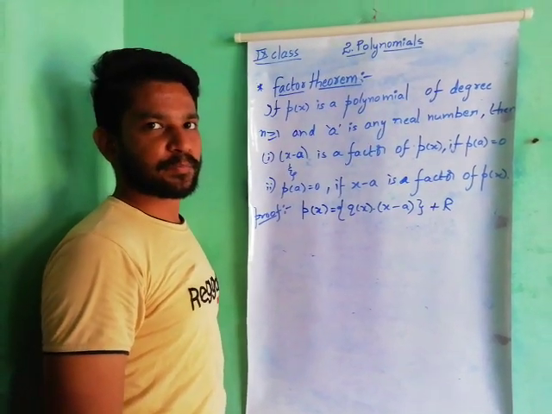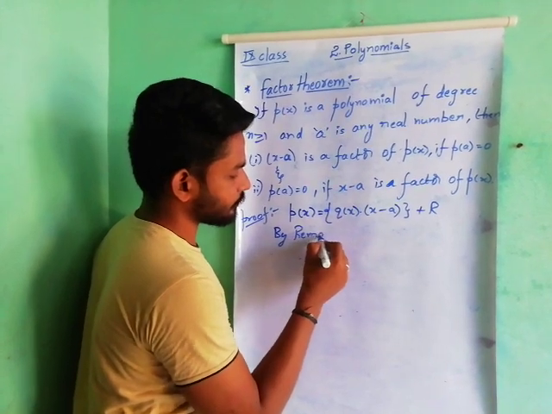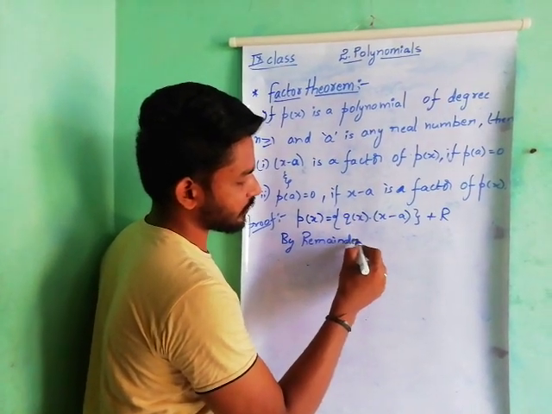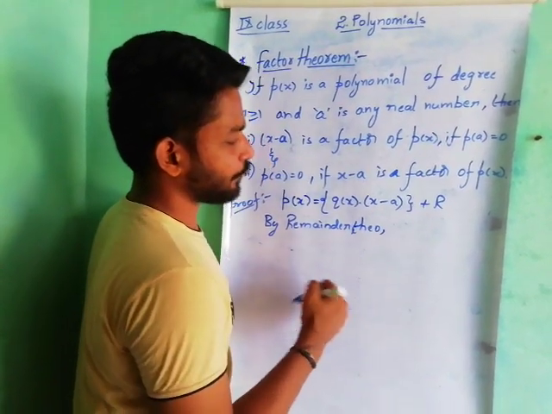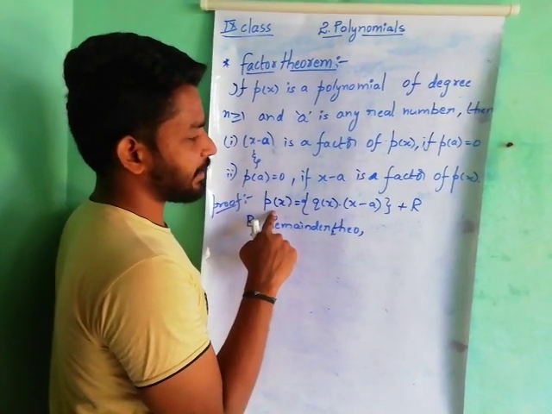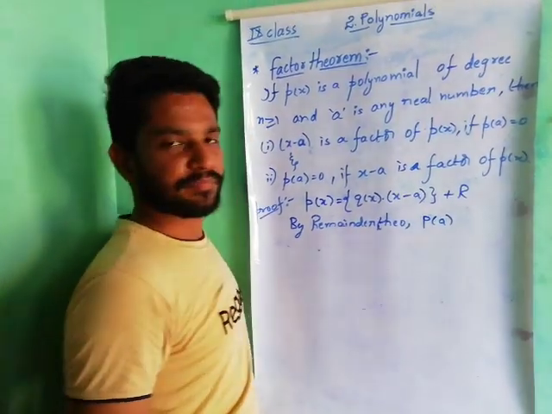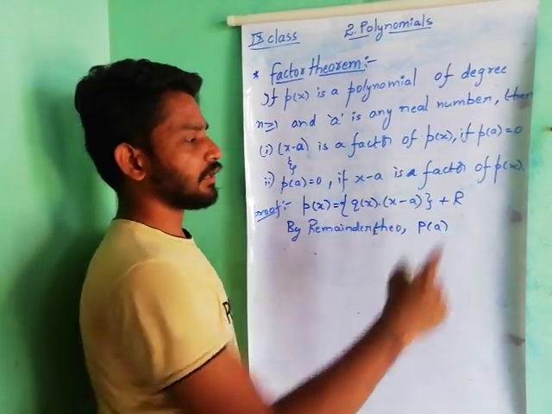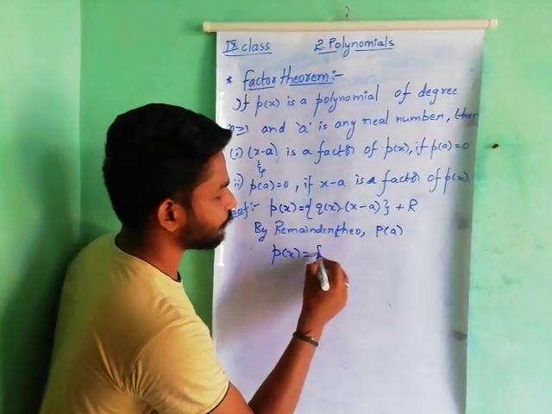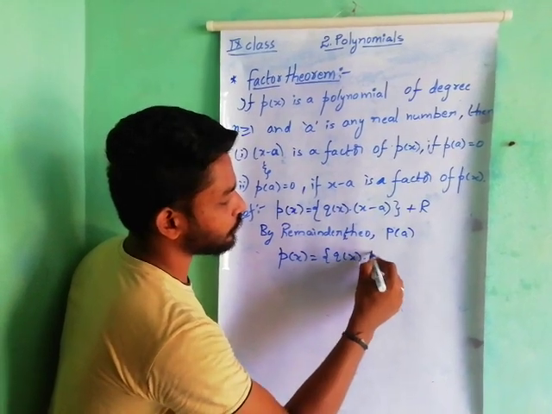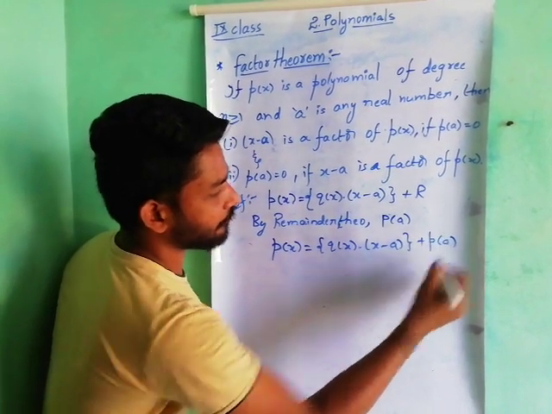By the remainder theorem, if p of x is divided by x minus a, the remainder is p of a. So we substitute p of a in the remainder part. So p of x is equal to q of x into x minus a plus p of a.